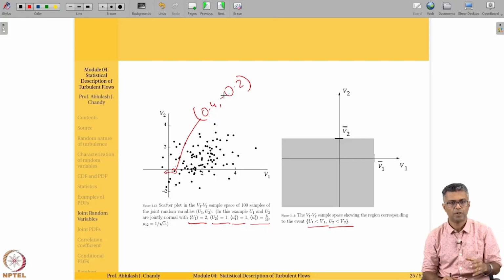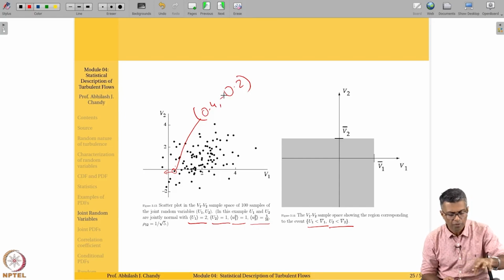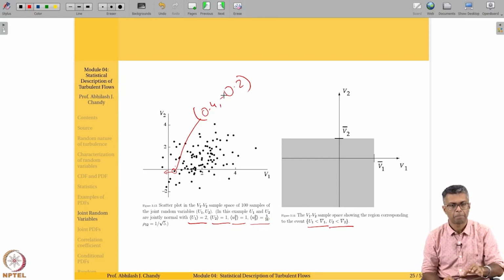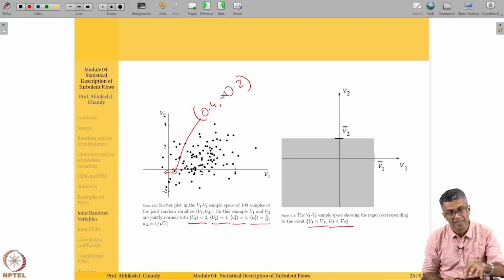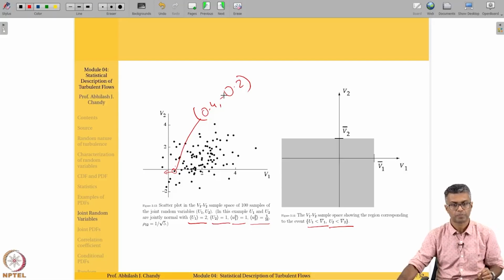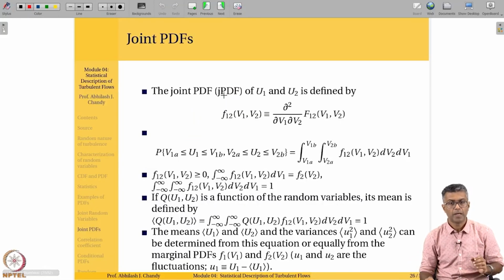So that is an example of a data point in the U1, U2 space: 0.4 comma negative 0.2. You have all these points, and the probability distribution of this sample is what is plotted. As an example, we have provided here a joint normal distribution. I hope this is clear.